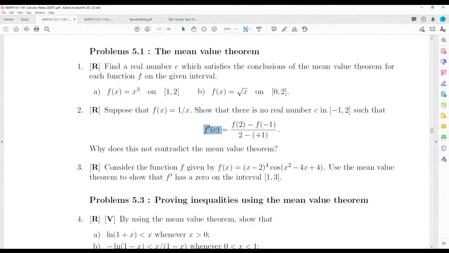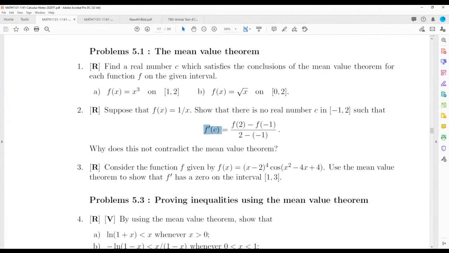Let me just have a look at my notes here. I think probably just drawing a picture would probably be enough, but let's see what we can do. So in this case, we want to show that it's impossible to get the conclusion of the MVT.